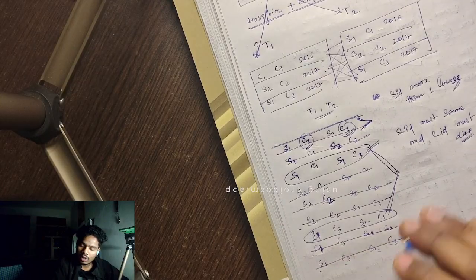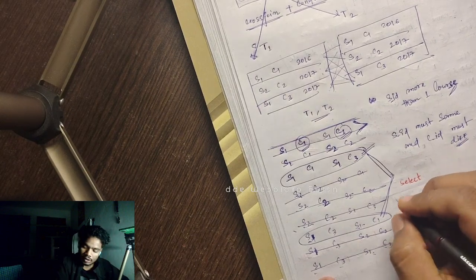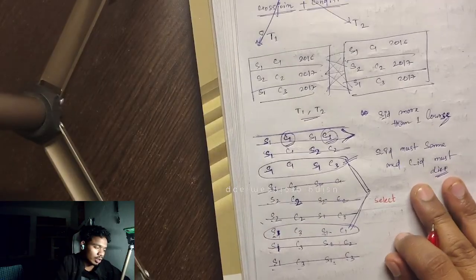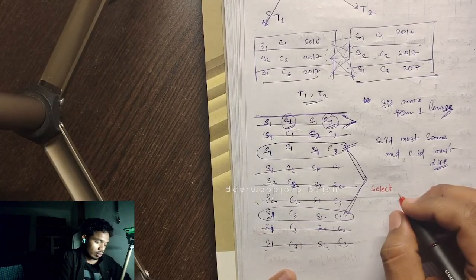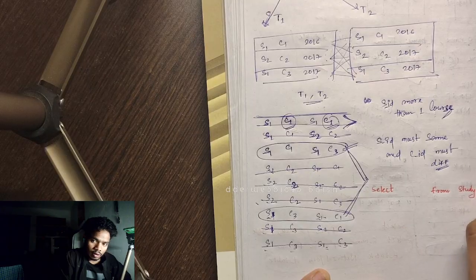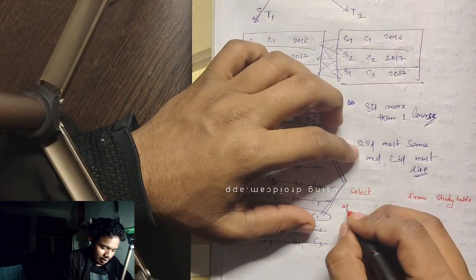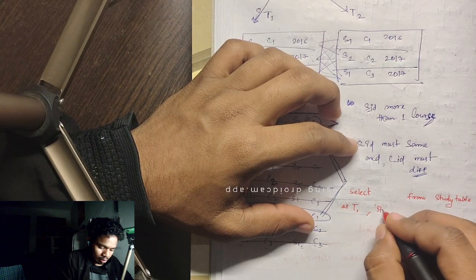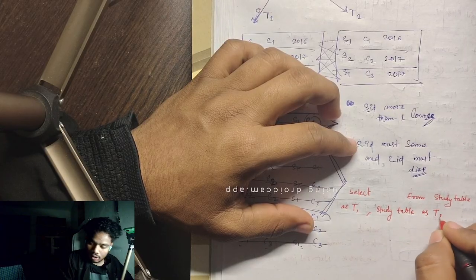Okay, so we can write here: select, leave this space empty, from what is our table name, study table as T1, with study table as T2.